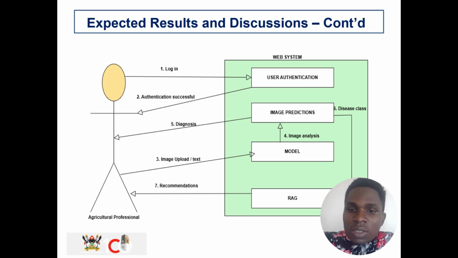So the model analyzes the image which is given, and based on the image and all the text that is given, the model is capable of predicting, giving a diagnosis, and also giving the disease class. So the RAG module in the system gives recommendations based on the predictions of the disease and the diagnosis.